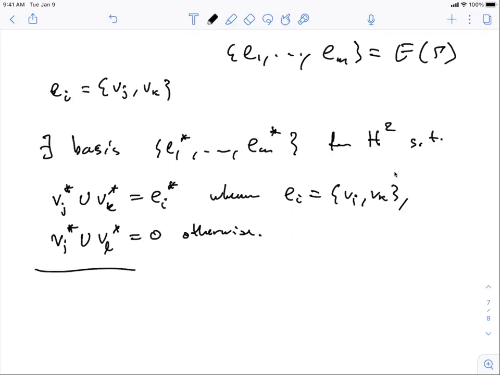So let W1 to Wn be a basis for H upper 1 of A of gamma.